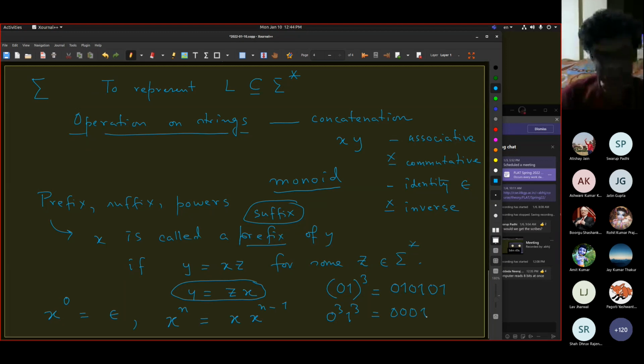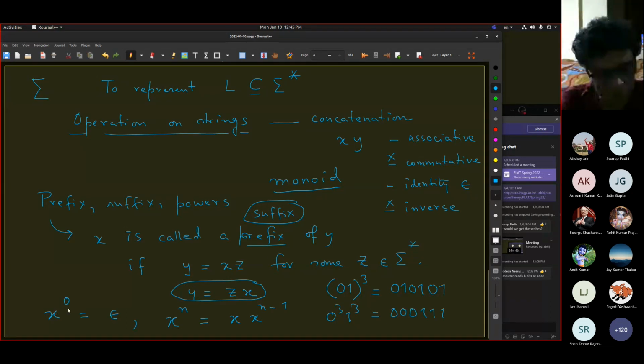Okay, so powers are nothing but an n-fold concatenation of the string with itself. So these symbols we will use extensively throughout this course. Fairly straightforward and intuitive, but whenever we raise a string to a power, we do not imply some arithmetic operation, it's basically n-fold concatenation of x.